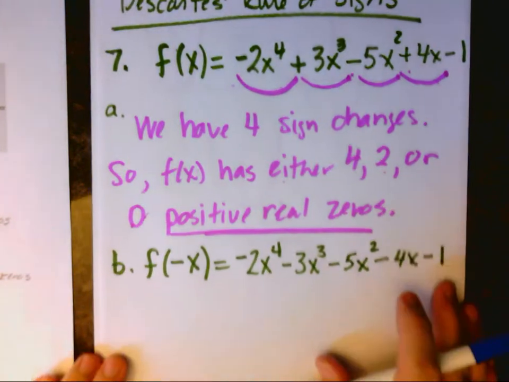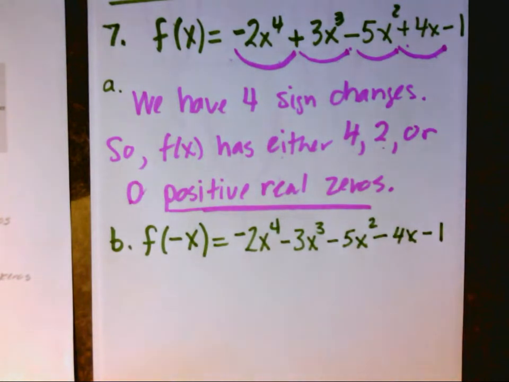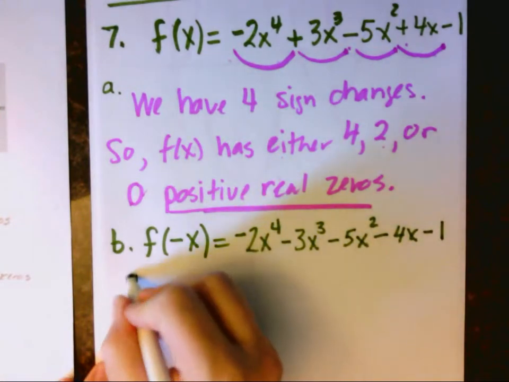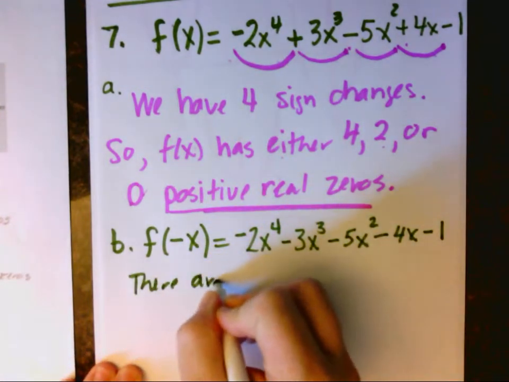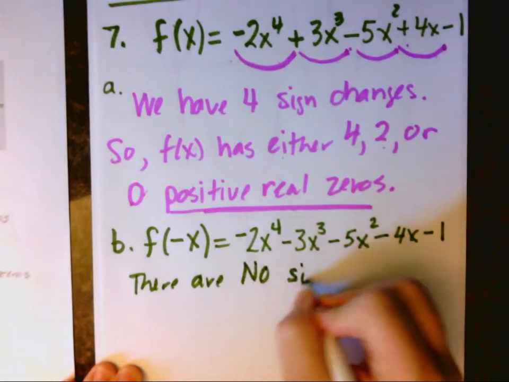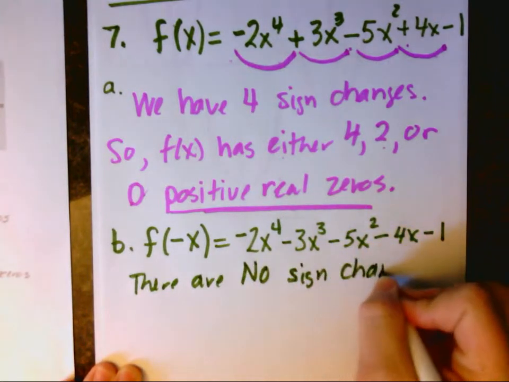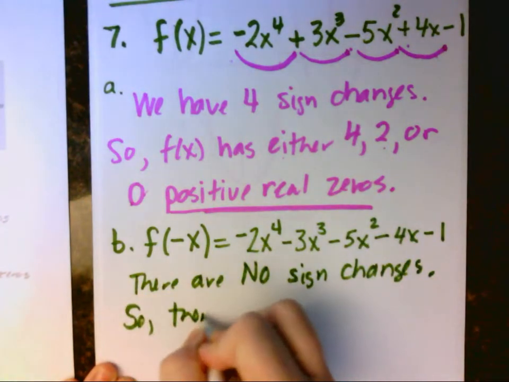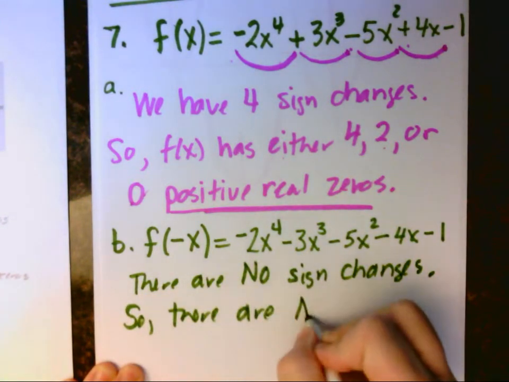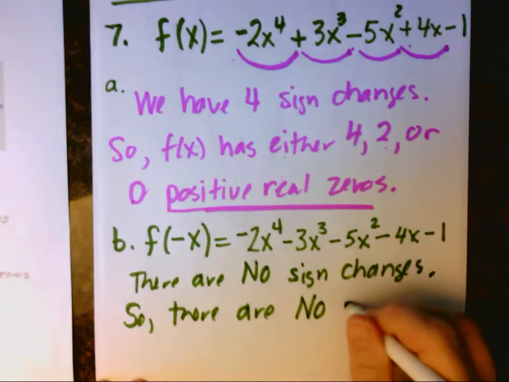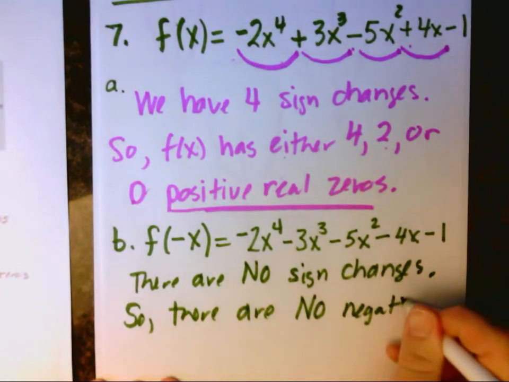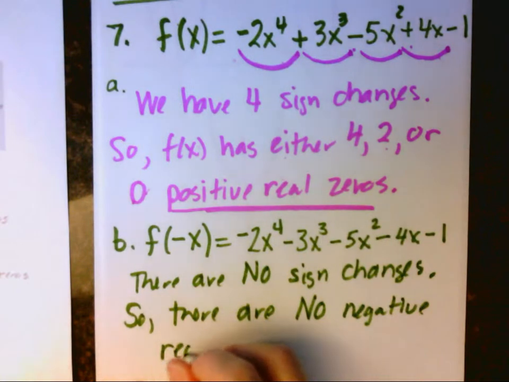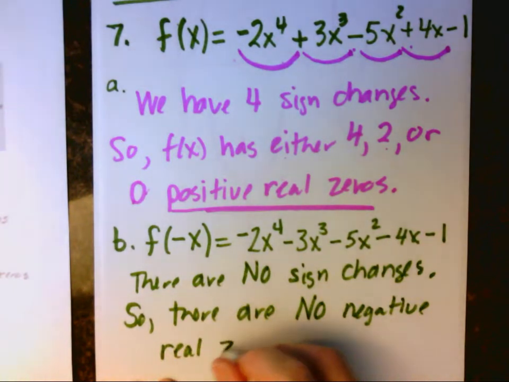How many sign changes do we have when we do f of minus x? There are no sign changes. So there are no negative real zeros.